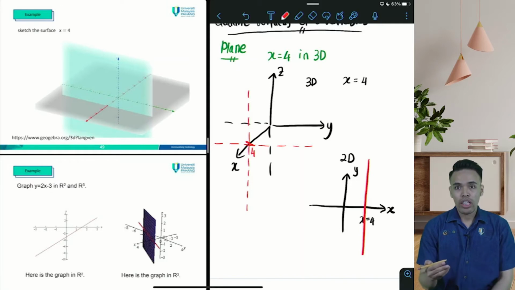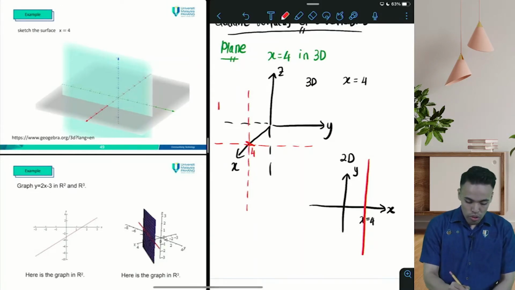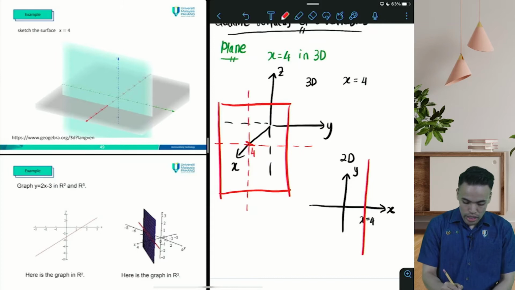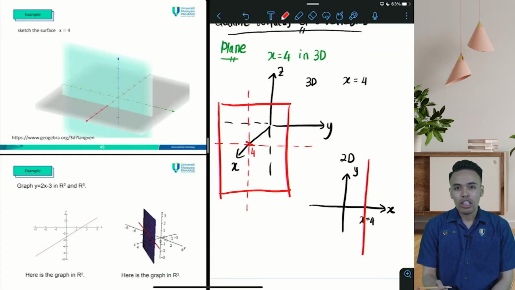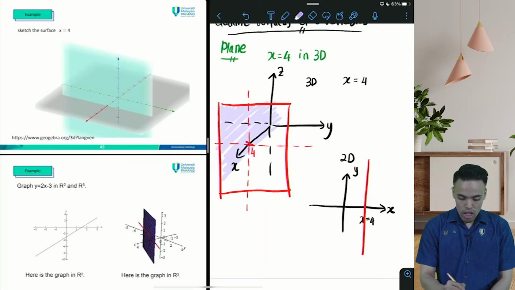So by using the power of imagination, I know that I will end up with this type of plane, and this plane obviously will be traced along the missing variables, which are y and z. So let me put some shading over here.